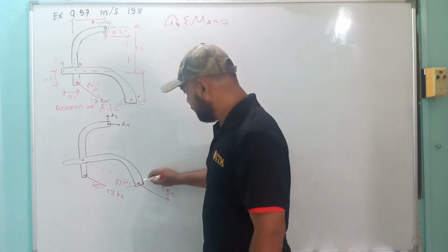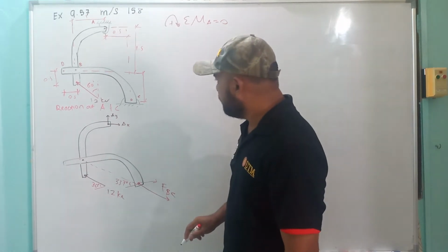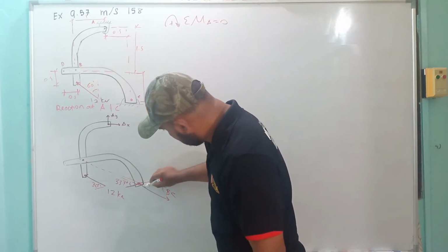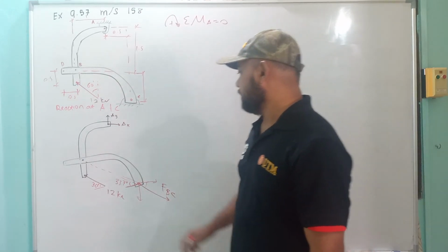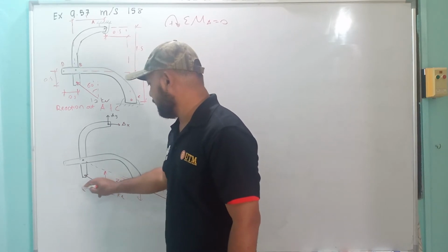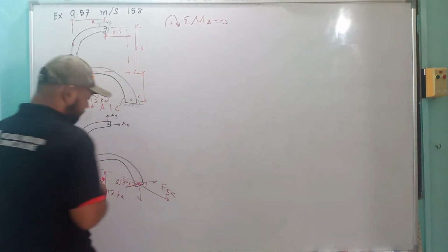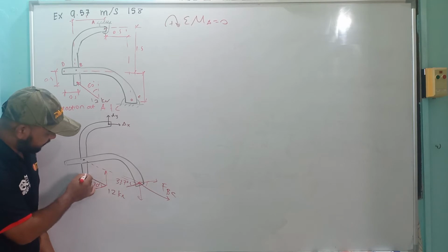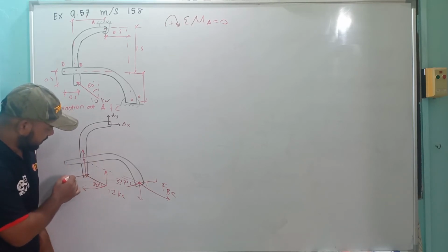So here FBC I will resolve into FBCX and FBCY, with the same angle. Here it will also resolve into X and Y directions. So as not to make it confusing, this is the force from here. When this force is acting here, I'm resolving one here and one other here.